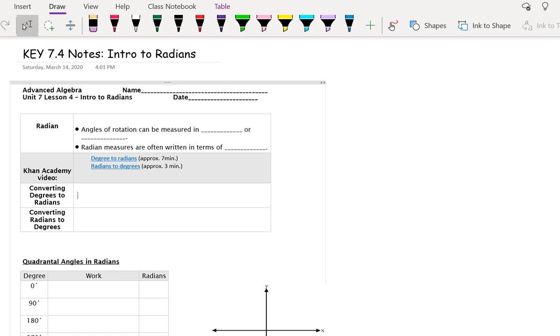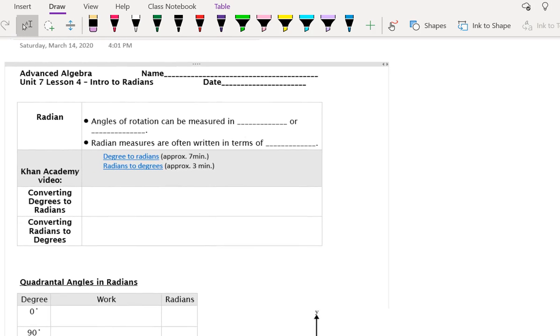So degrees, we made them up, we stuck with them, but sometimes we need to work in radians because it's a little bit more realistic, and we need both.